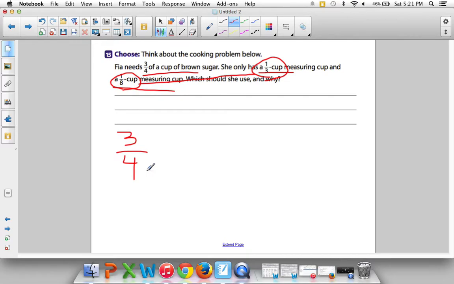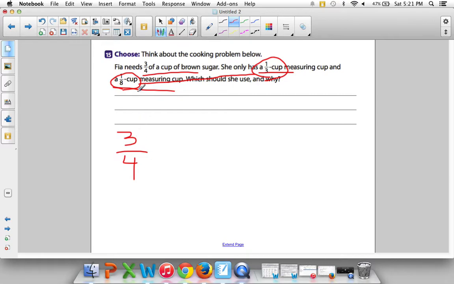And you say, oh my gosh, Mr. Gramp, how am I supposed to know that? Like, how would I even... You got to look at both of the different cups, the 1/8 cup and the 1/3 cup, and you have to say to yourself, which one of those can I measure fourths in? Okay?